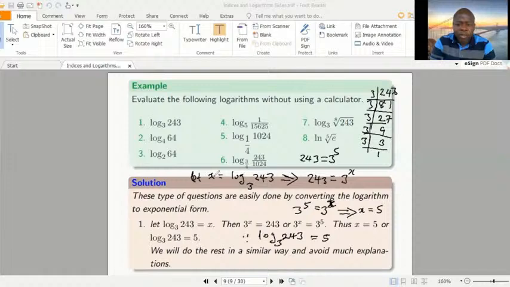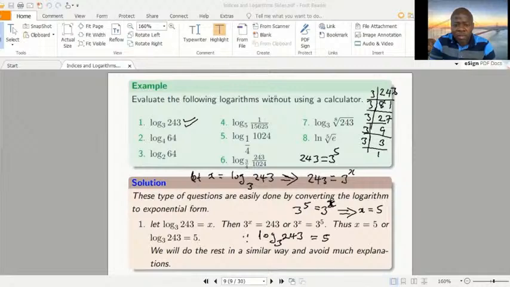But look at the steps that we took to find this. We didn't know what it was, so we had to let it be x. And remember that this is logarithmic form, which can be expressed in index form as this. And you already learned how to express logarithmic form in index form in our earlier lesson.